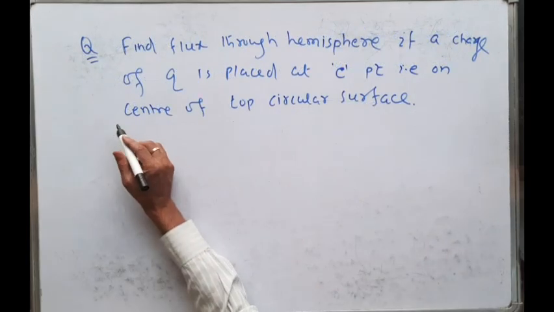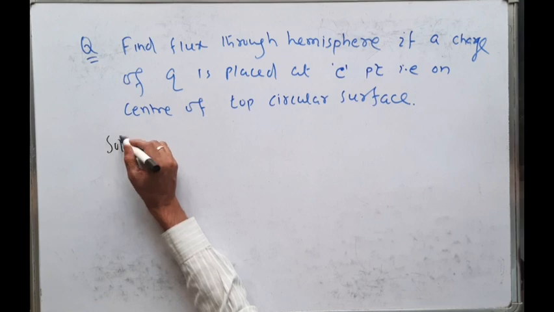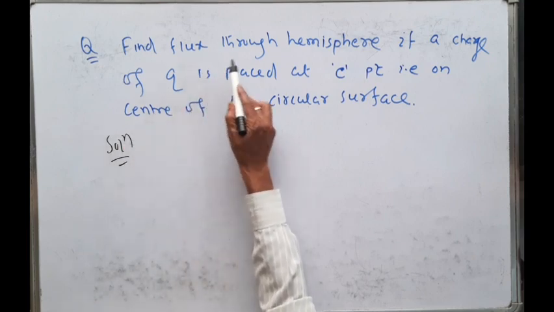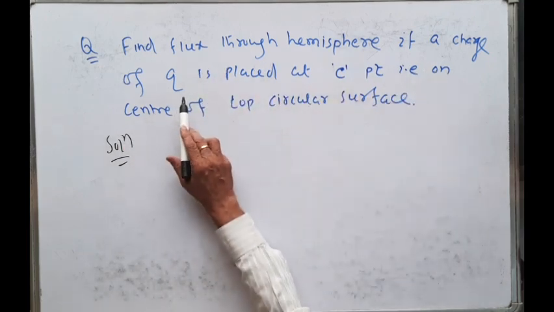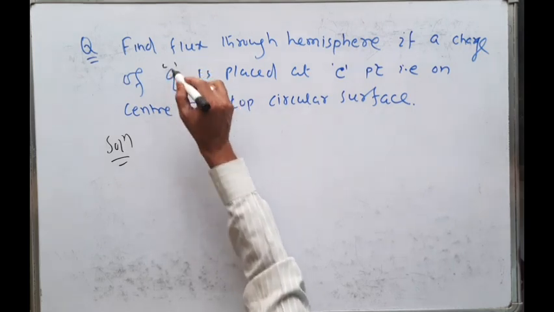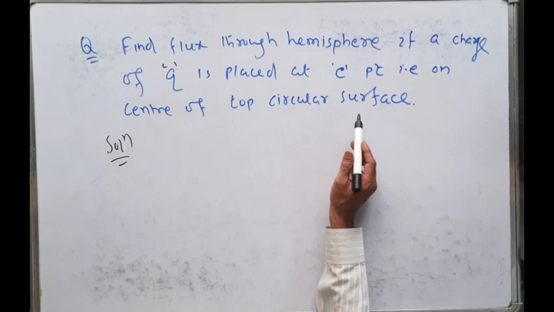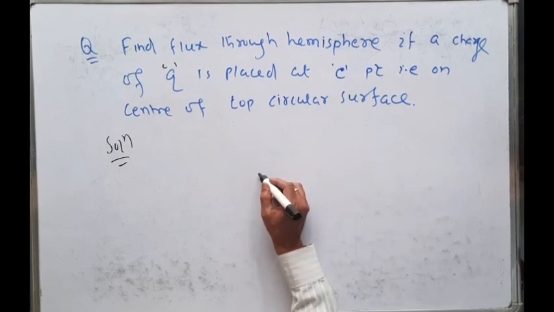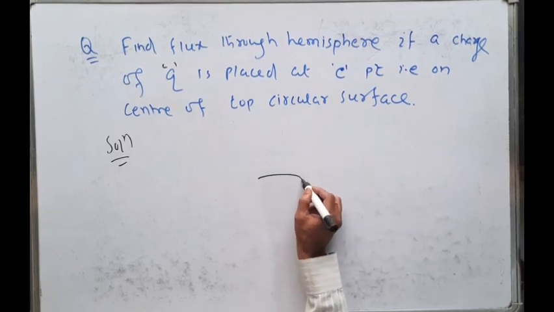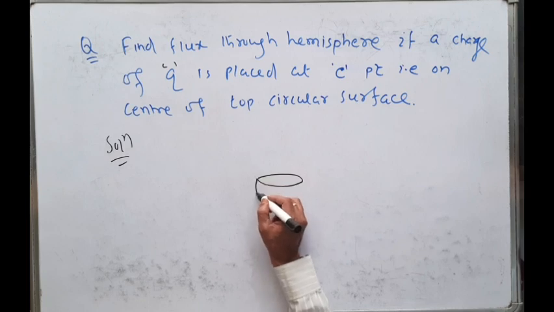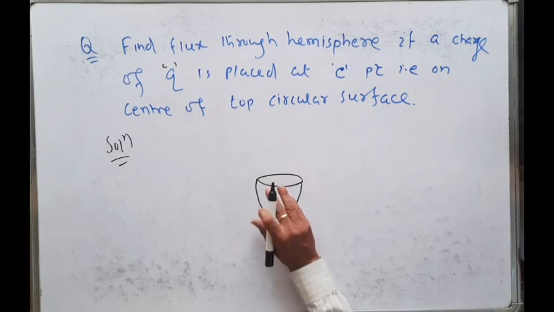So now see, find the flux through a hemisphere if a charge Q is placed at point C, that is at the center of the top circular surface. Let us say this is a hemisphere. You know a hemisphere?